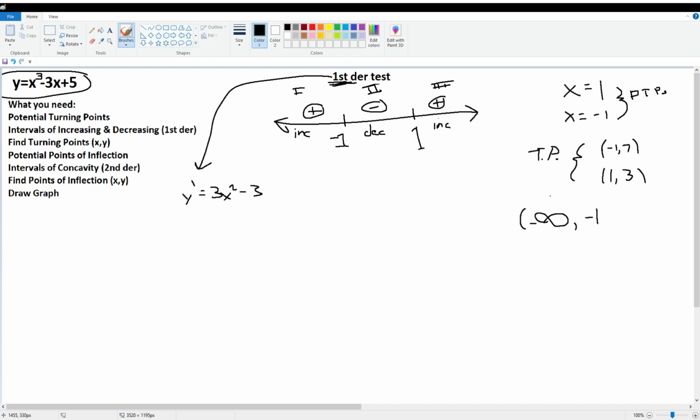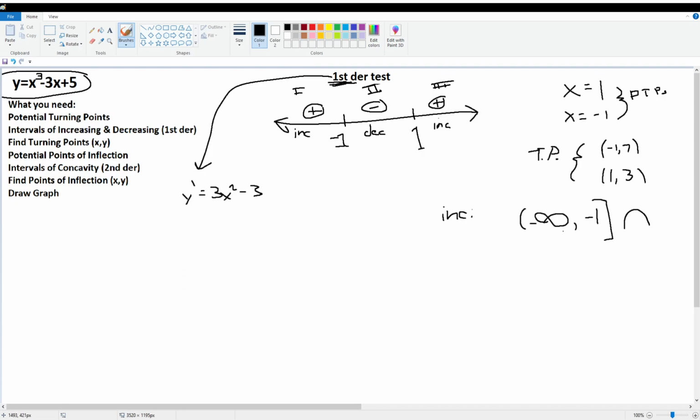And here is where it gets a little tricky. You have to put a hard bracket here because it's a turning point, and at the turning point, the slope is 0. So you're going to be asked if that is positive or negative. It's both. So you're always going to include the turning points in intervals of increasing or decreasing.